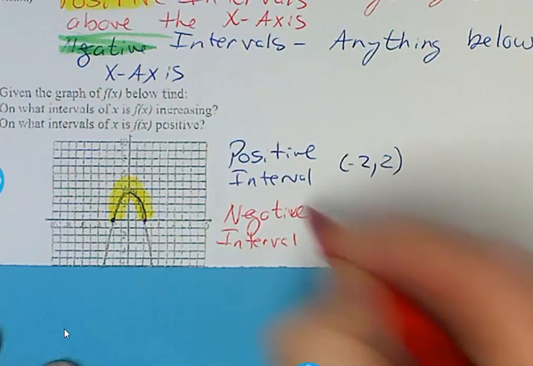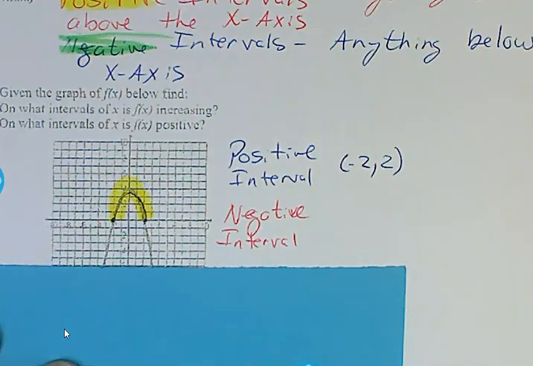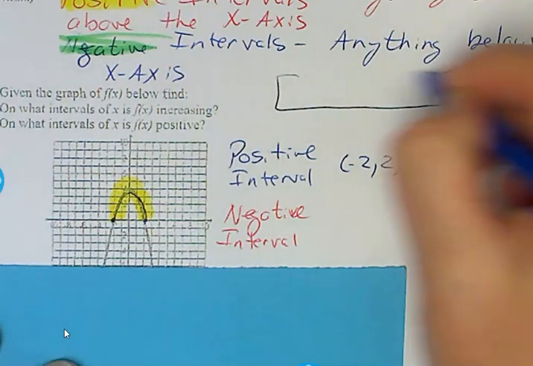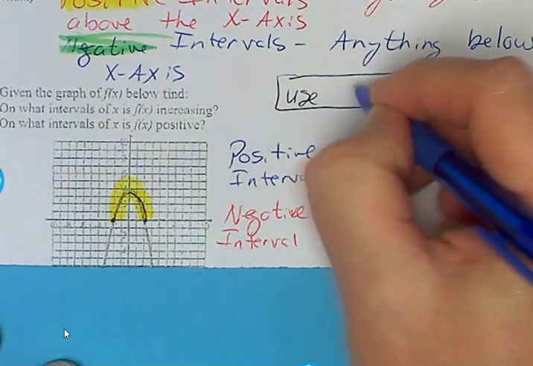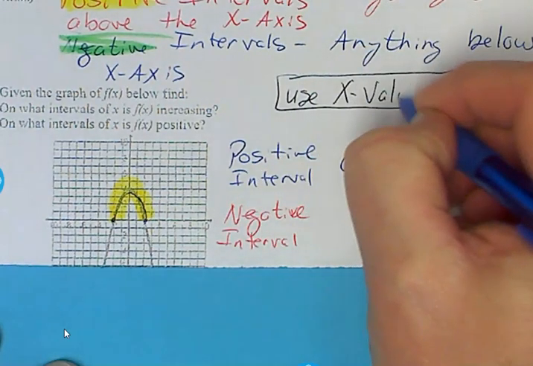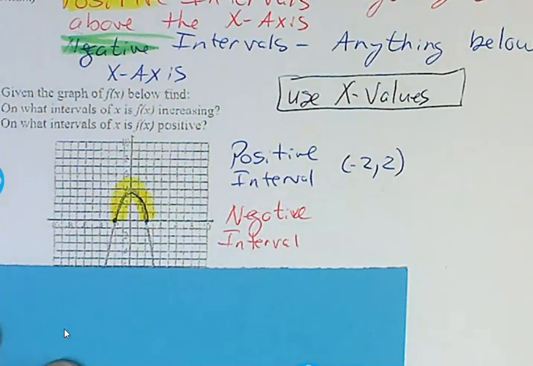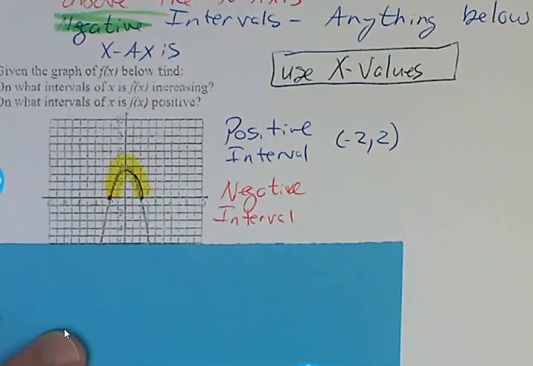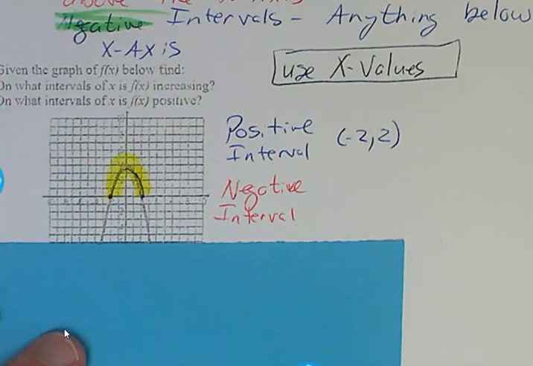Okay, and if we do the negative interval, again, that helps you back up here. Kind of like we did yesterday with increasing and decreasing, we use the x values. Same thing on this one. You're only using the x values.